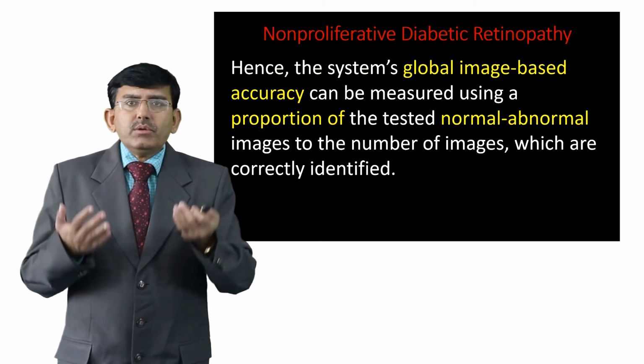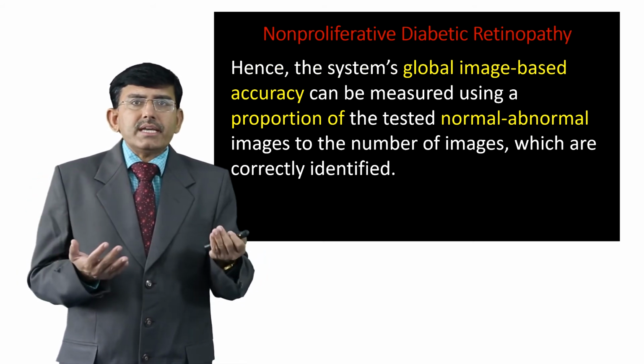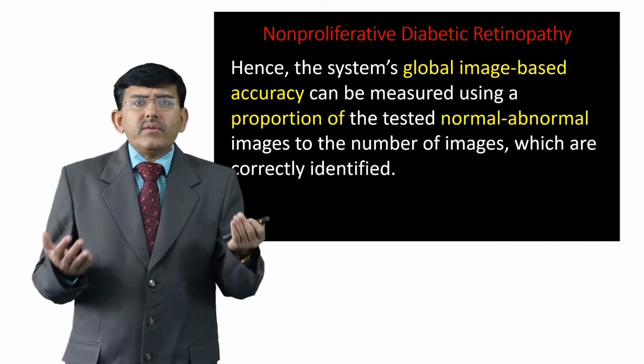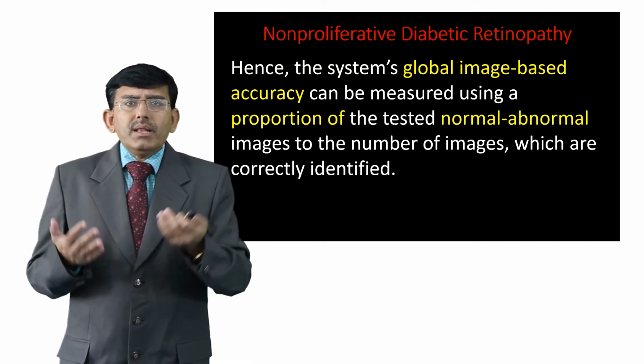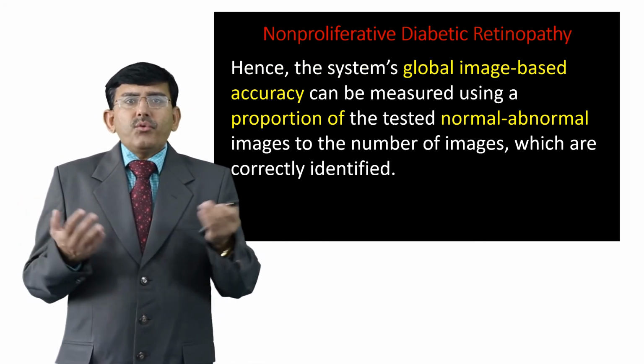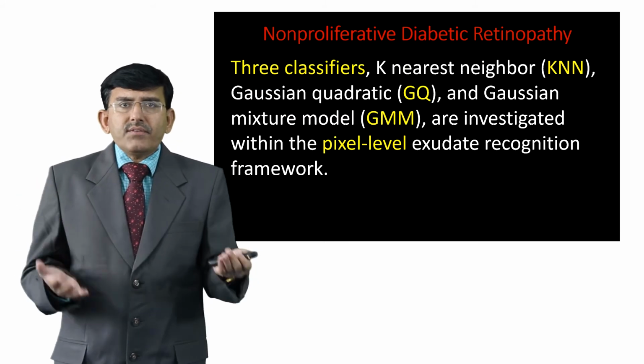Hence, the system's global image based accuracy can be measured using the proportion of the tested normal and abnormal images to the number of images which are correctly identified.